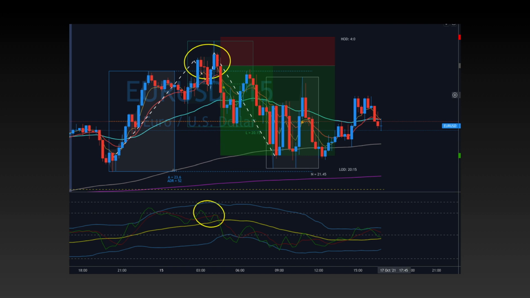But notice how on the price action, the first leg is lower than the second leg. So what does that mean? That is your divergence. The TDI is basically picking up the fact that price action is going to go lower ahead of time. That's why divergence is so powerful.